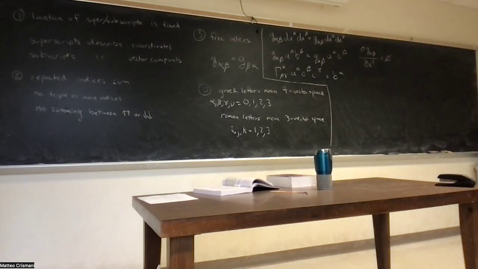Does it break any of the rules? Honestly, we have coordinates at the bottom and then vector components at the top. What do you think, Isabel? Why do you think it's okay? Because all of them for different rules are fine.